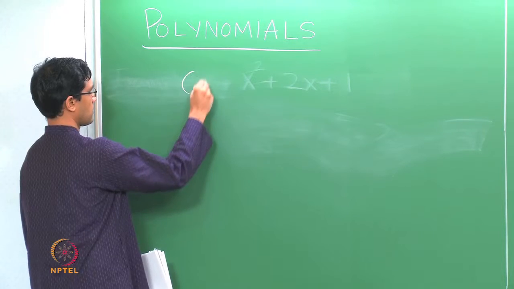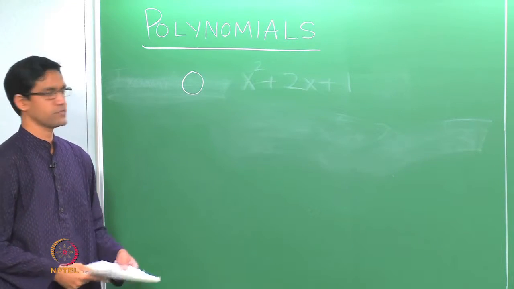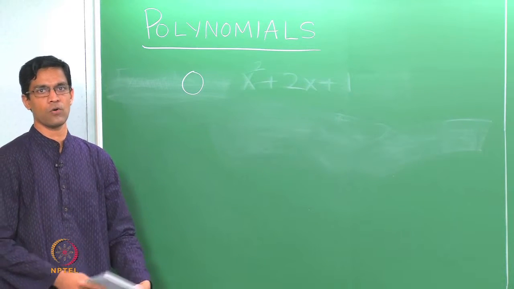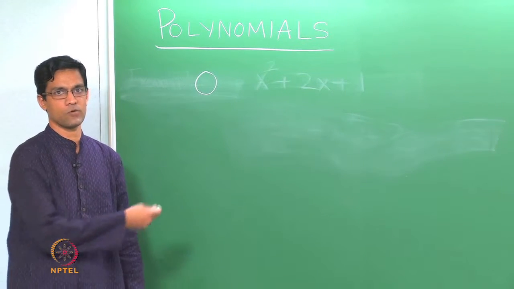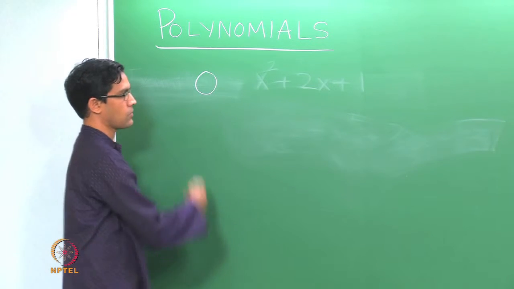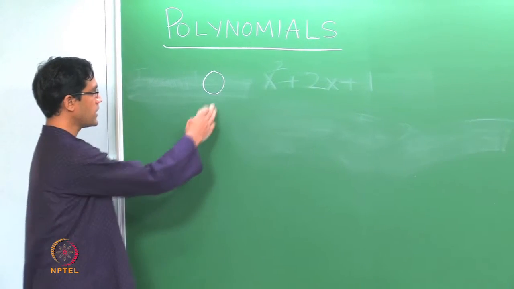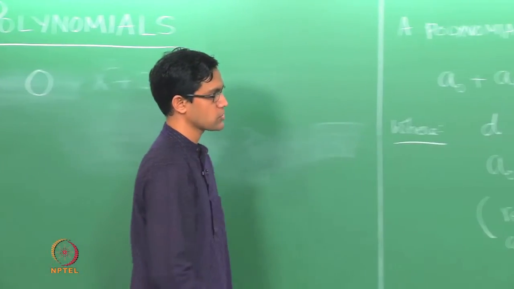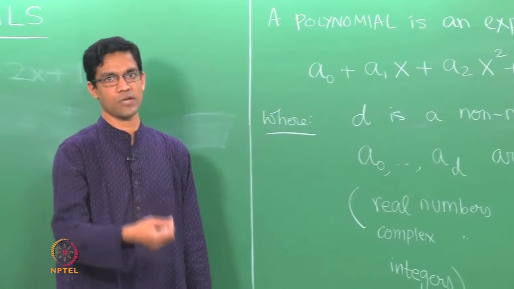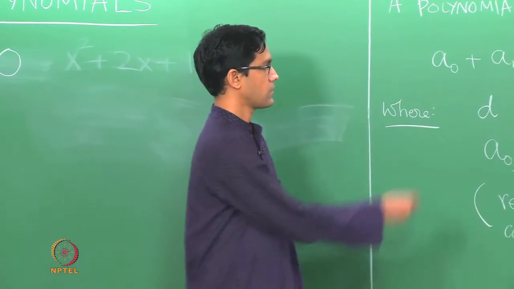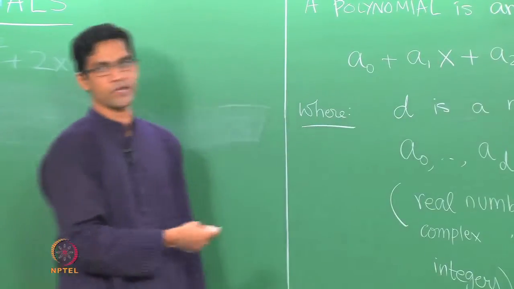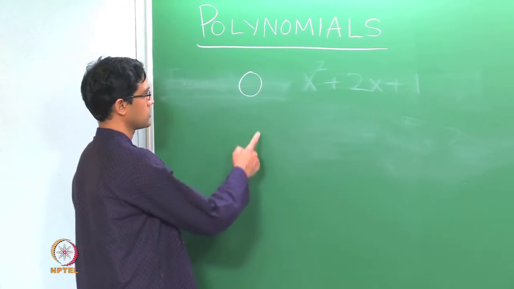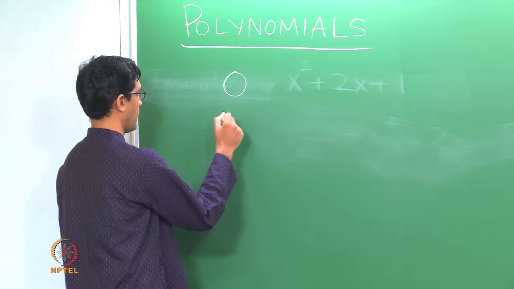Think of all the ai's as just being 0. There is no power of x which appears, only a constant term, and the constant term is 0. In this case the degree is not defined, because the degree was supposed to be the largest power of x which appears with a non-zero coefficient. Since no power of x appears in the 0 polynomial, you do not define the degree for it. So this does not have a degree.